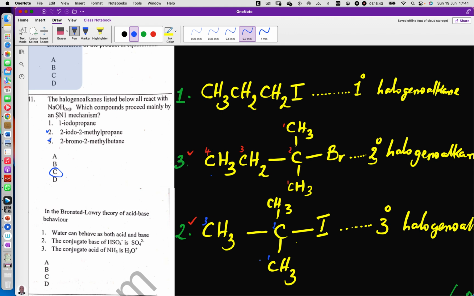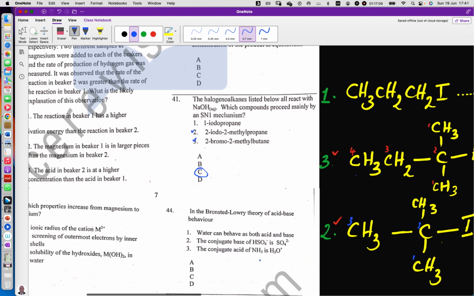These are tertiary halogen alkanes, and we said only tertiary and secondary halogen alkanes will undergo SN1. In this case, we don't have any secondary halogen alkane. So the only ones that will undergo SN1 mechanism are the tertiary halogen alkanes. And the tertiary halogen alkanes here in this question are 2 and 3. And 2 and 3 will give us the answer, which will be C.